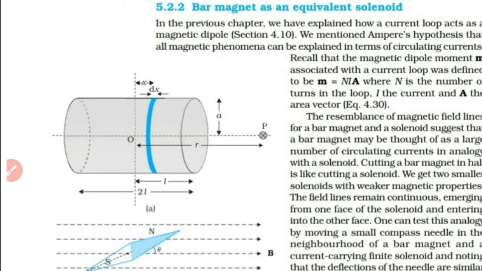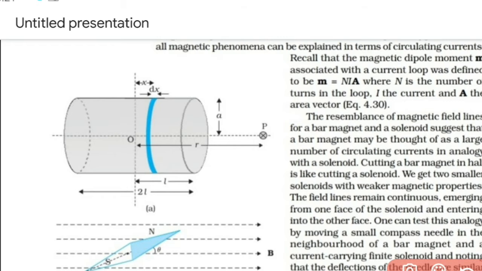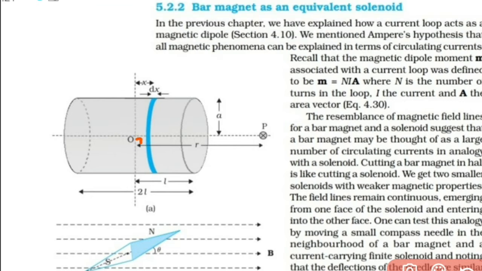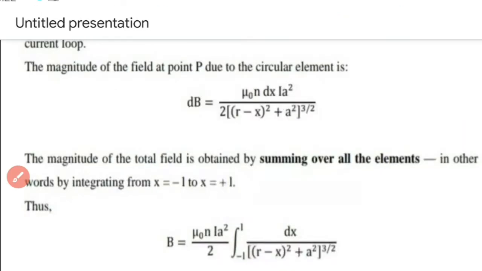We took the midpoint as the origin. Here the midpoint is the origin. So this end is minus L and this end is plus L, and the total length we took as 2L. So when we integrate over x, that integration limit is to be from minus L to plus L. That is why in that step we have the integration.